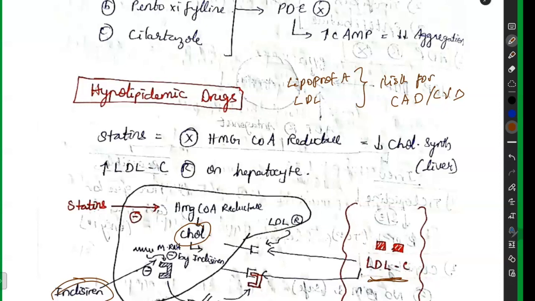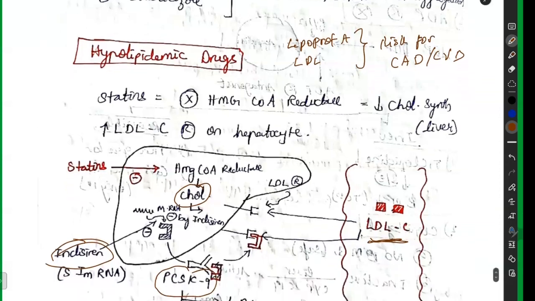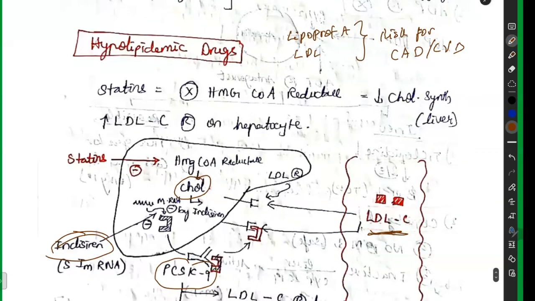Then it goes into the blood supply and supplies the peripheral areas. In peripheral areas, this LDL will be deposited then and there when there is an excessive amount of LDL present. After supplying everywhere in your body, it comes back to your liver, where you again have a receptor called PCSK9.